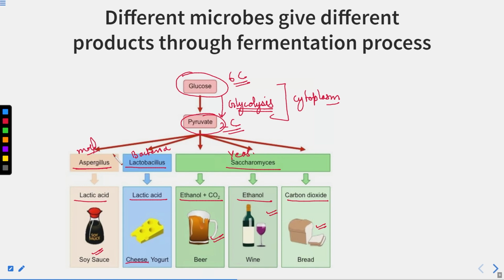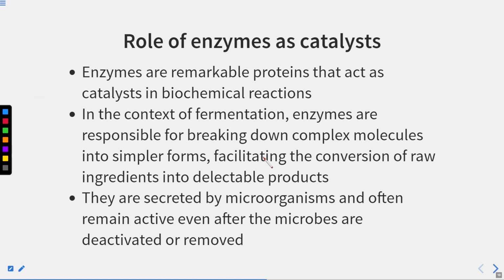It can be converted to lactic acid by Aspergillus, lactic acid by Lactobacillus, and ethanol and carbon dioxide by Saccharomyces. So now you can understand how important this is. These microbes use different enzymes to give out different types of products.